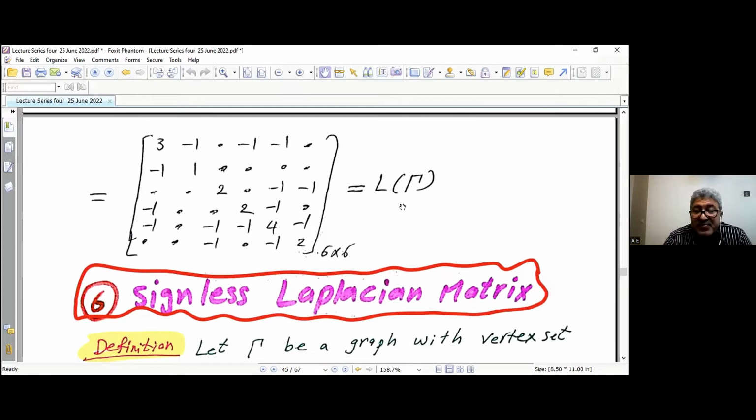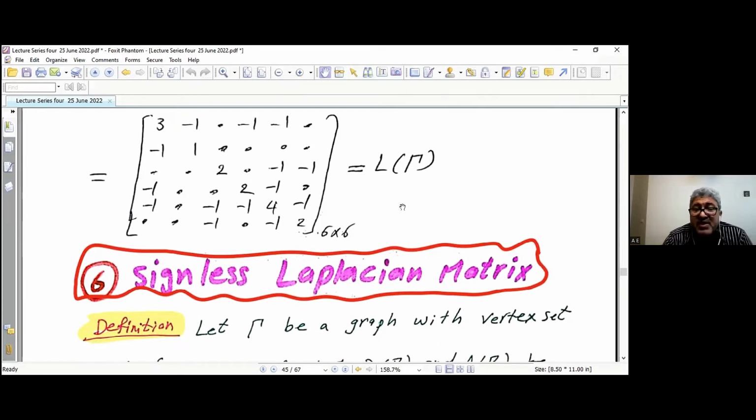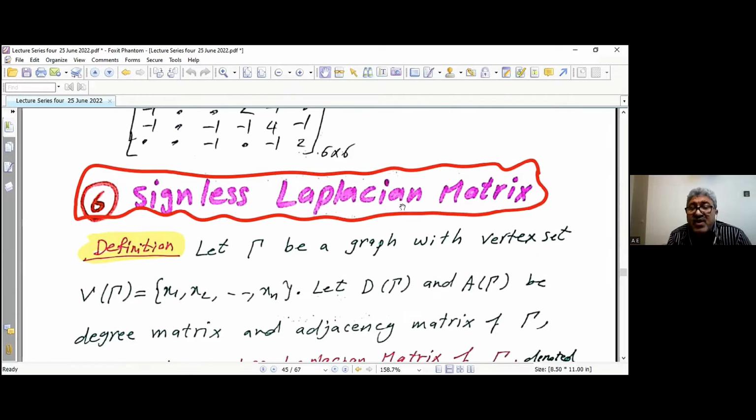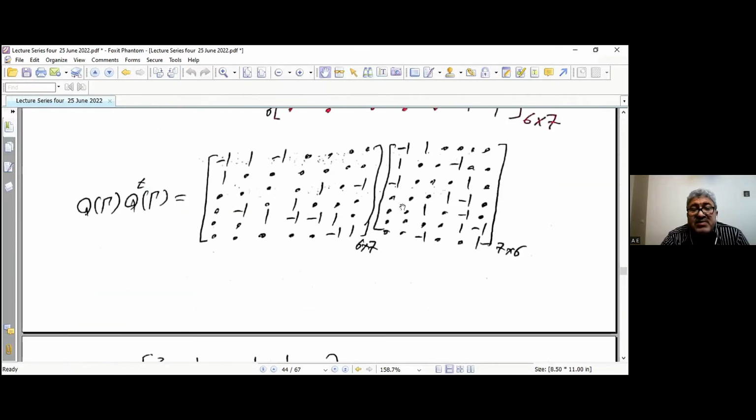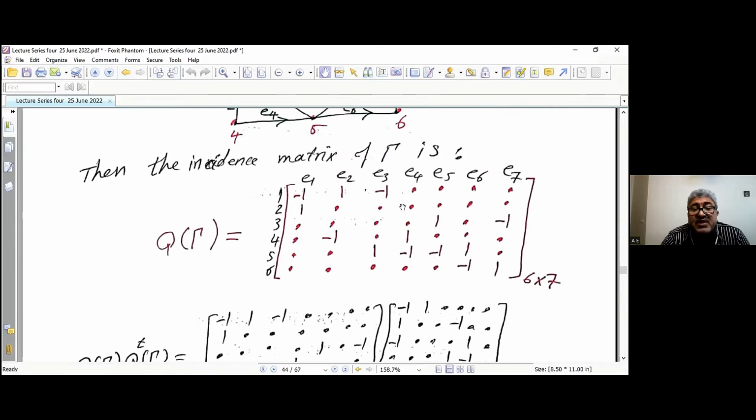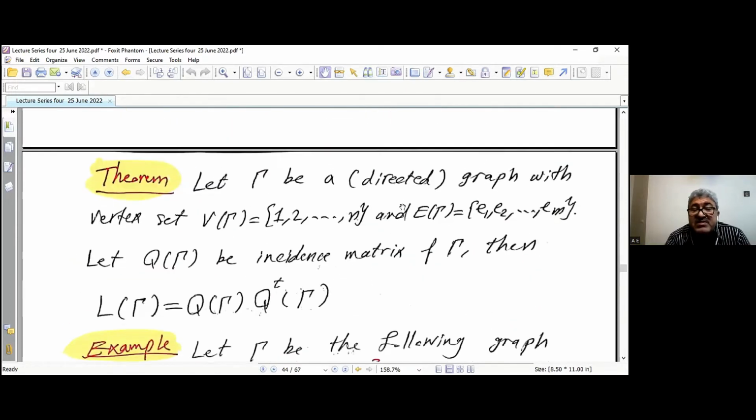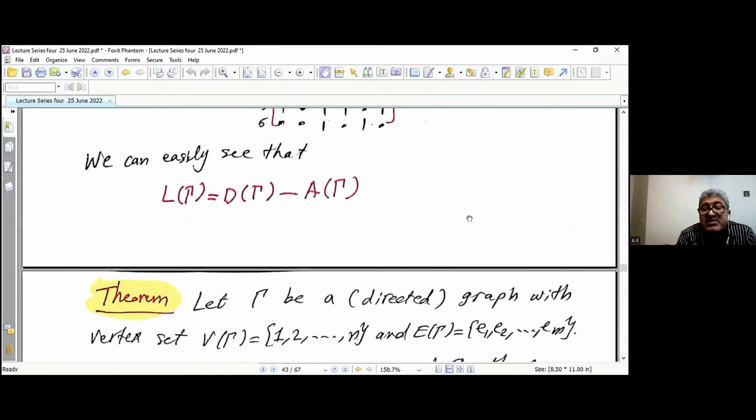Now, here is another kind of Laplacian matrix, which is the signless Laplacian matrix. As I mentioned, the Laplacian matrix is just the difference between the degree matrix and the adjacency matrix.